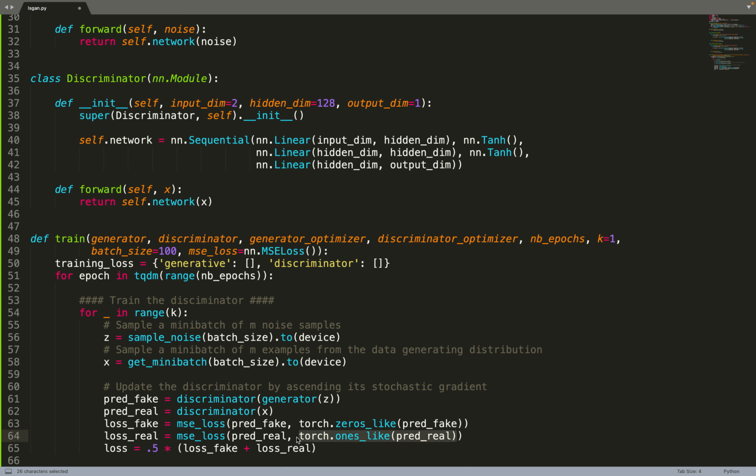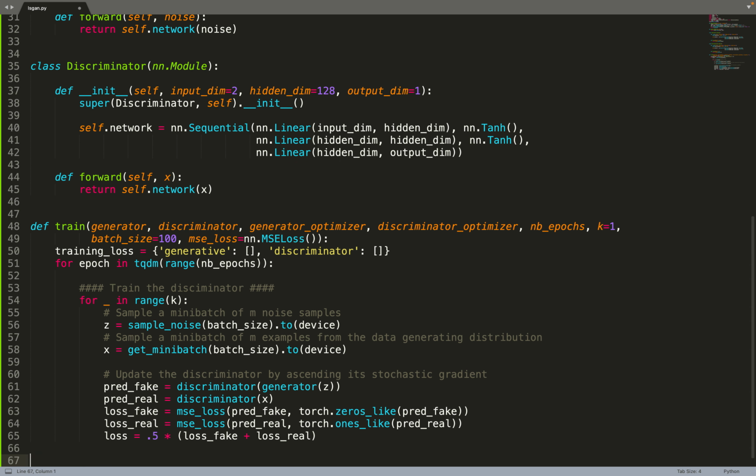So we just take the MSE loss between those scores and the target values, the ideal values in a perfect world for the discriminator. And then for the loss, we take the average of the two losses, the real loss and the fake loss. This average is not necessary. We could just take the sum. So doing the multiplication by 0.5 is not very useful. But anyway, it was done in my code base.